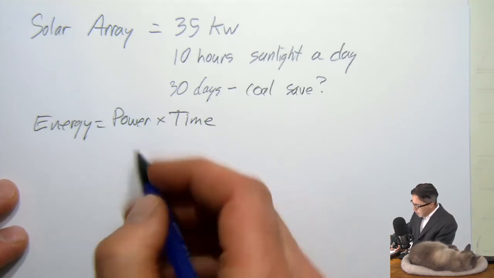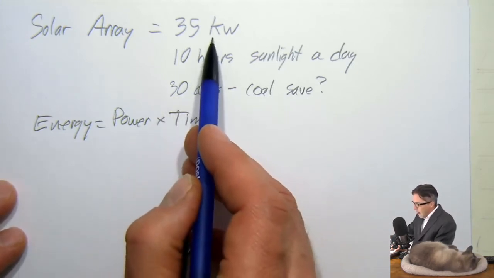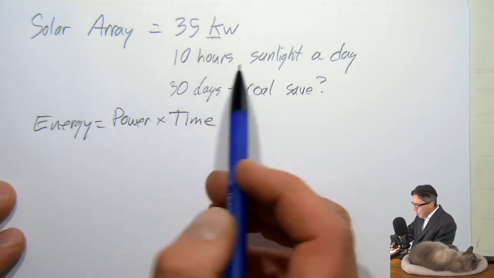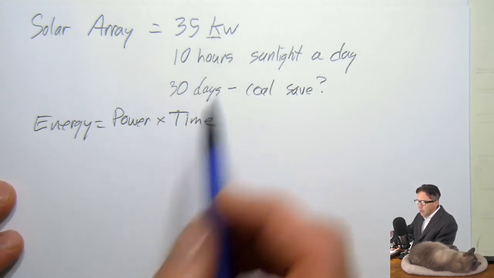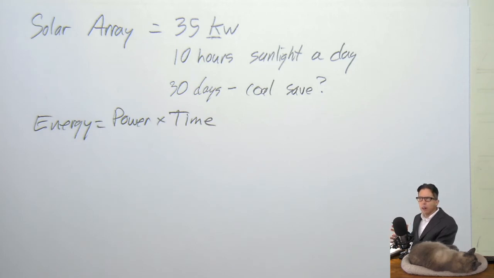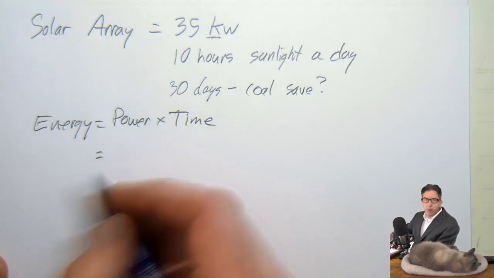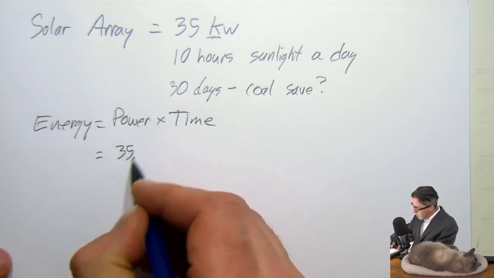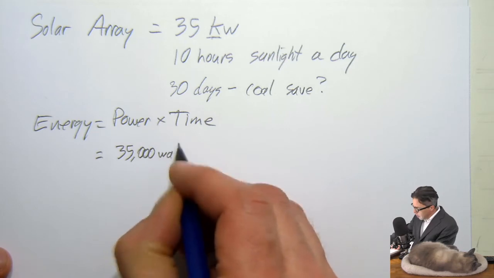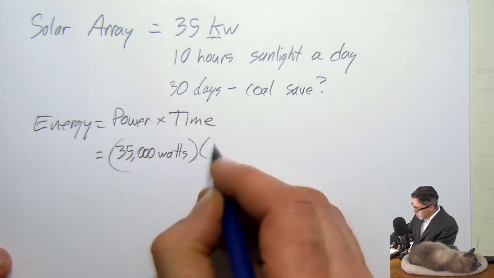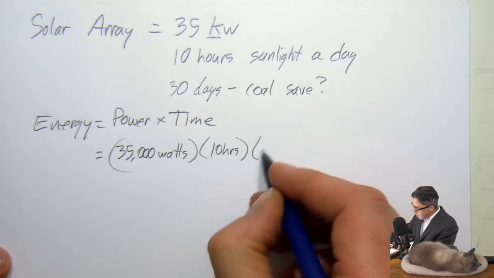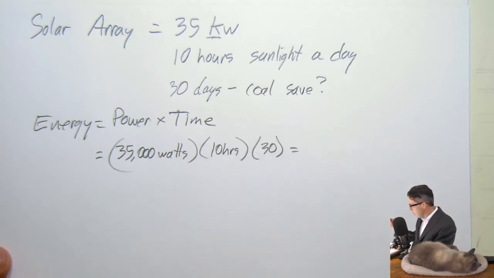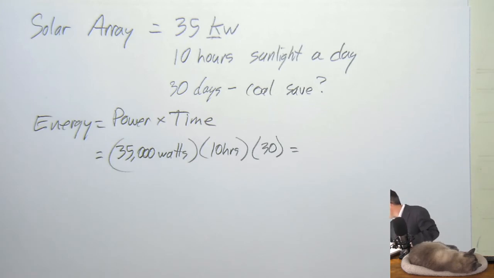Again, here's this K. We had to deal with this in the aluminum problem. It's best to get rid of the K and work out the problem and then convert to kilowatt hours at the end. Here's what I mean by that. K means 1,000, right? So 35 kilowatts is the same thing as 35,000 watts times 10 hours times 30 days. So I'm going to do that math.